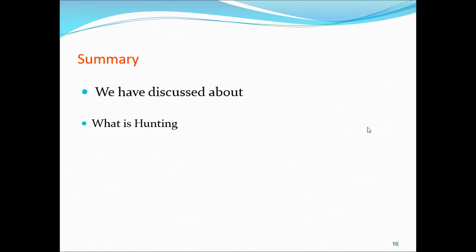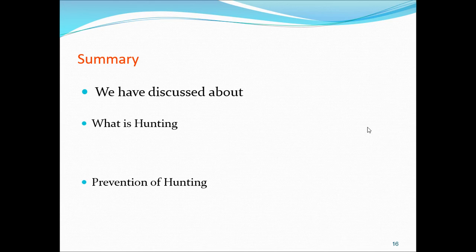So what we covered today? We covered what is hunting and prevention of hunting. How hunting occurs: when a synchronous motor is used for driving a varying load, the condition known as hunting or surging or phase swinging is produced.